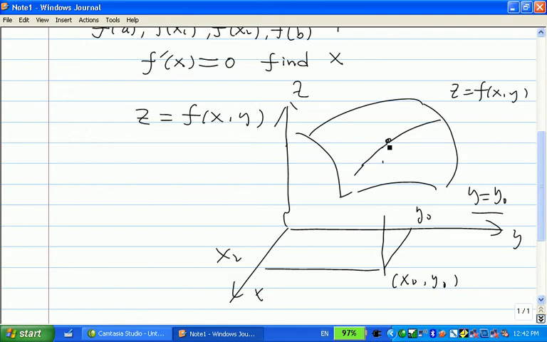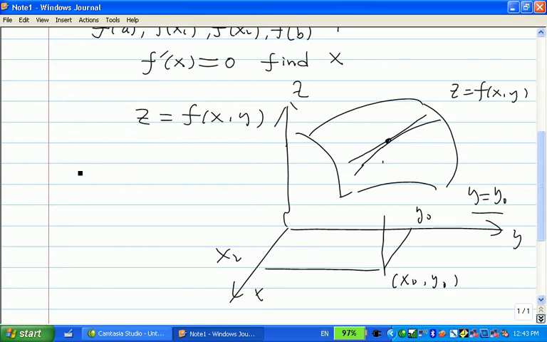Since this point is the largest one locally on the surface, there must be a local maximum on this curve, right? So for the local maximum on the curve, the slope of the tangent must be 0. What is the slope of the tangent for this curve?